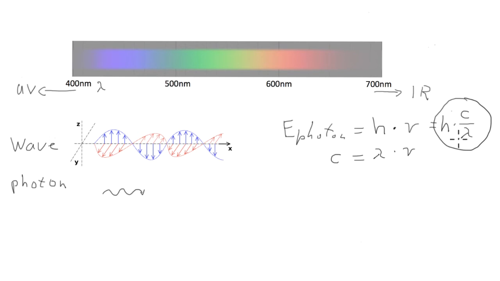What is important to realize is that the wavelength is in the denominator, which means that the shorter the wavelength, the farther we're towards the blue, the higher the energy, and the longer the wavelength, the lower the energy. So what kind of energies are we actually talking about?